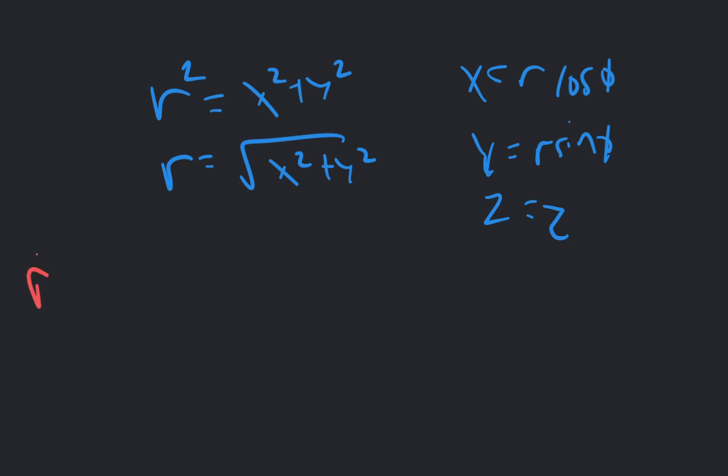R unit is equal to r over r. This is going to be x unit plus y unit all over r.